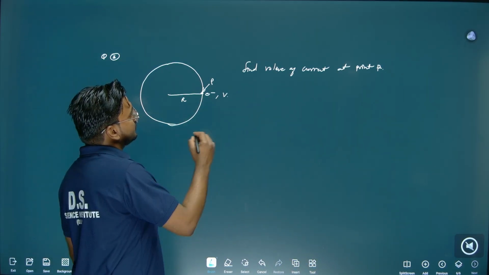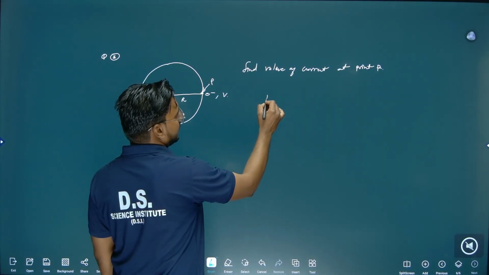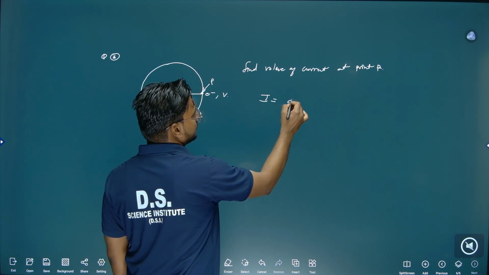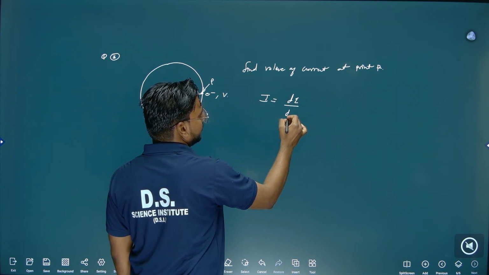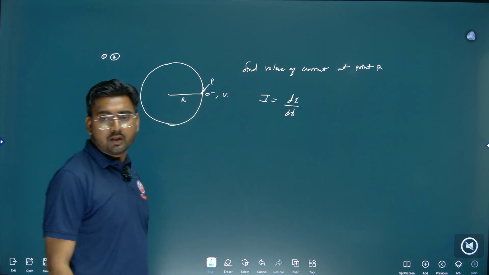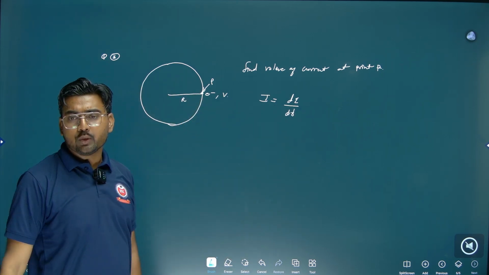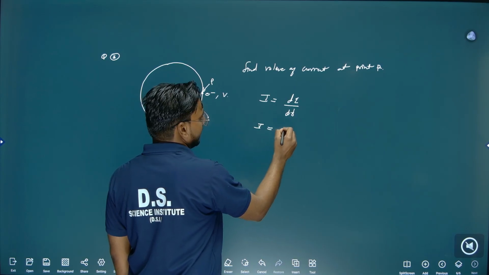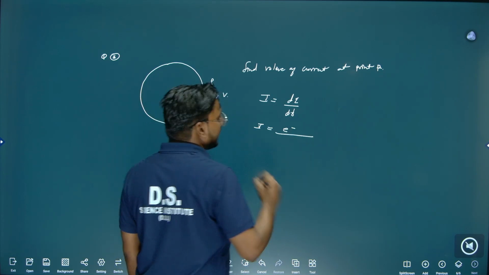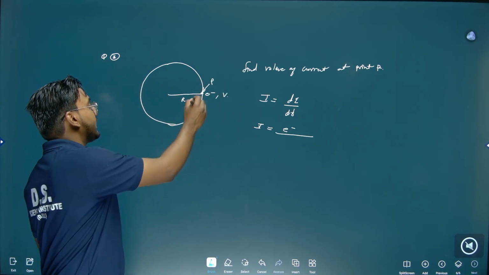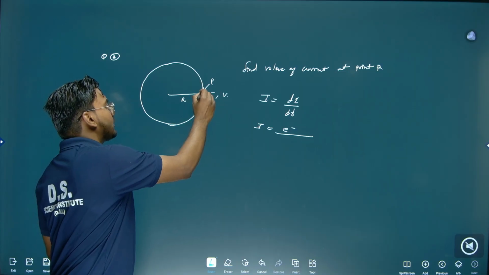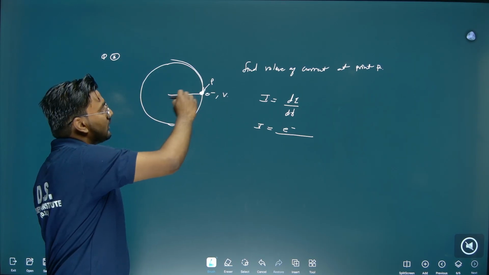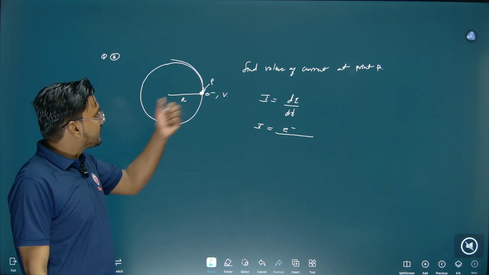We know that the value of current I equals dq upon dt, and here the charge is an electron, and we have to find the time when the electron comes again through this cross section area.